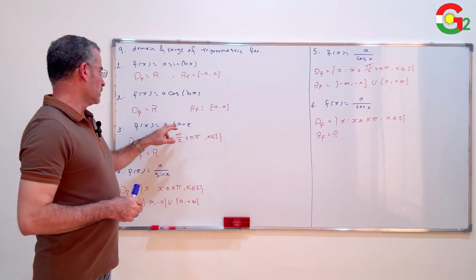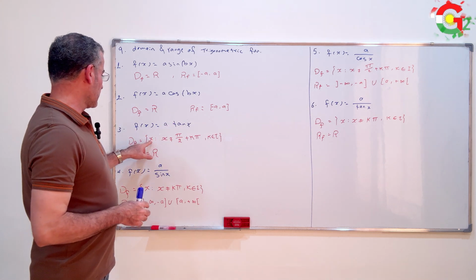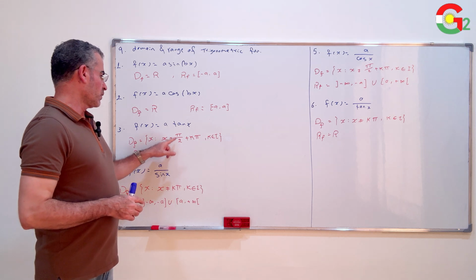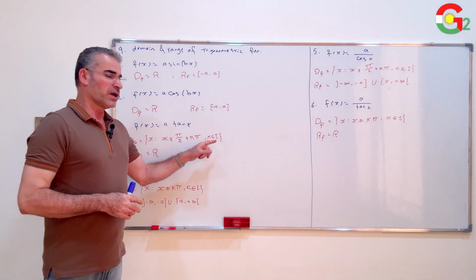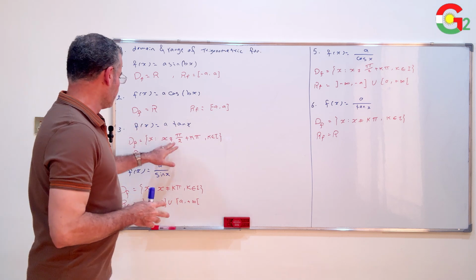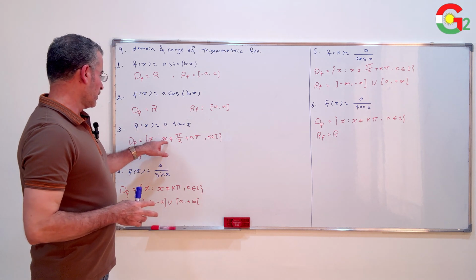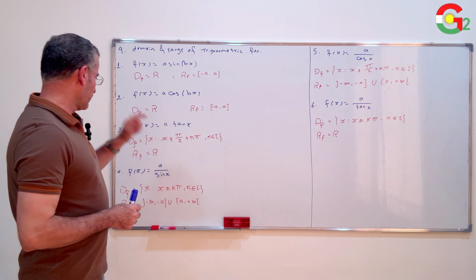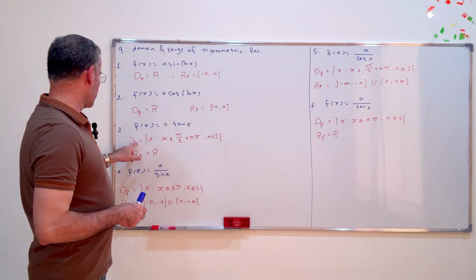f of x equals tan x. The domain is x where x is not equal to pi over 2 plus k pi, where k is an integer, and the range is R, or real numbers. But I'll comment on this domain of the tan.